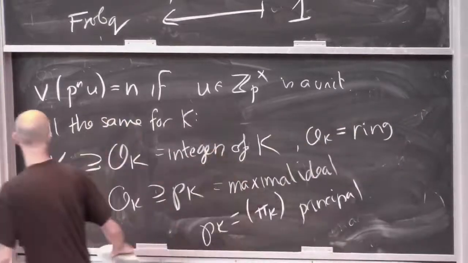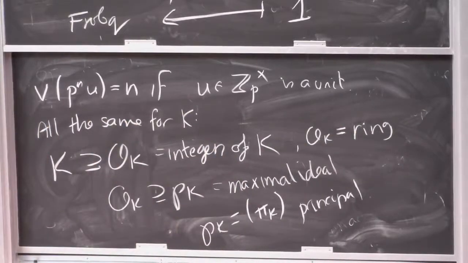And a random non-zero element of k is a power of pi k times a unit, and there's where we're going to get our valuation.